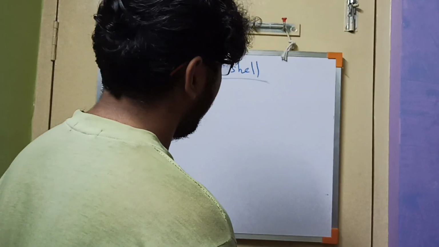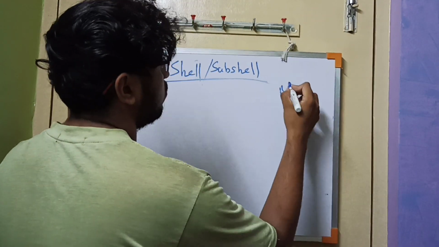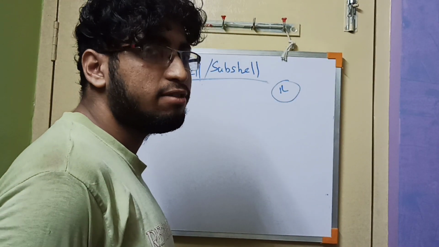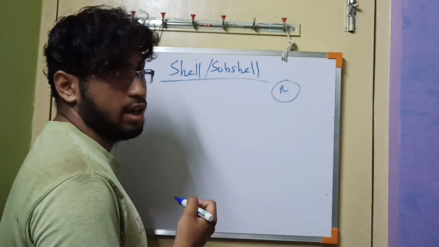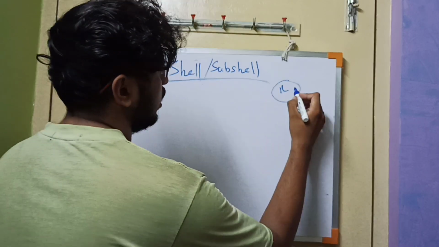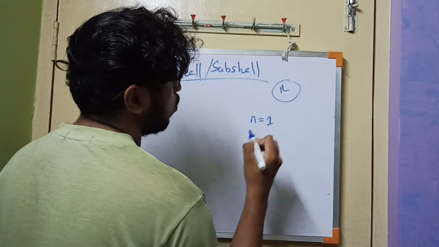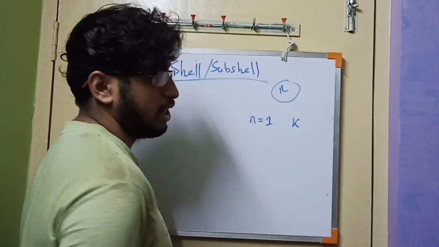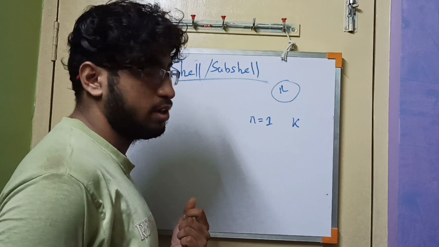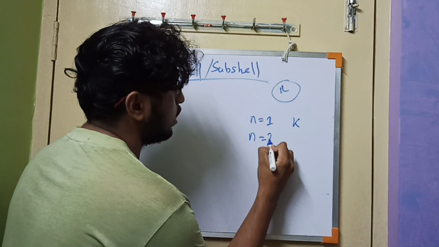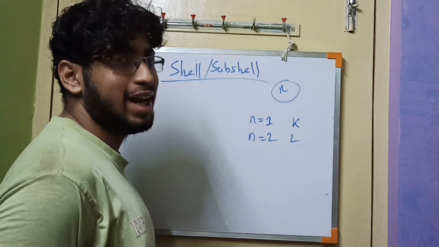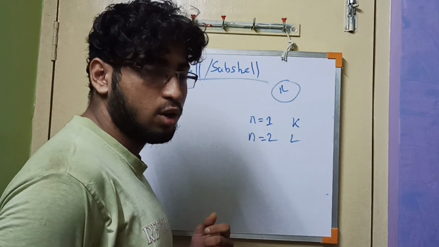Firstly, N, the principal quantum number. N defines the serial of a shell. That means if the value of n equals 1, we can readily guess that it is the K shell or the first orbit. If n equals 2, it is the L shell, that means the second orbit.